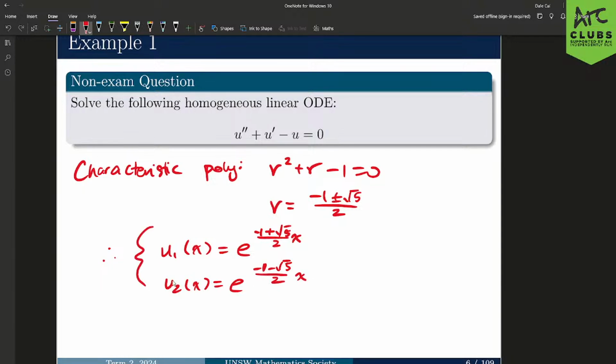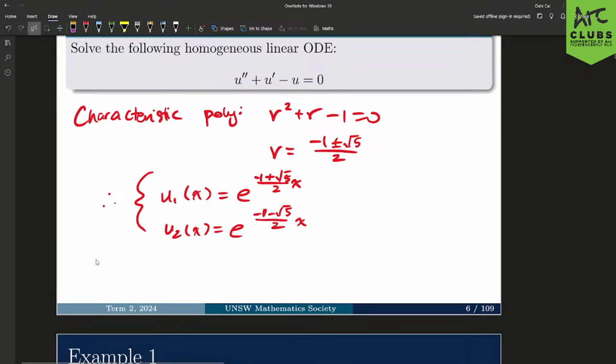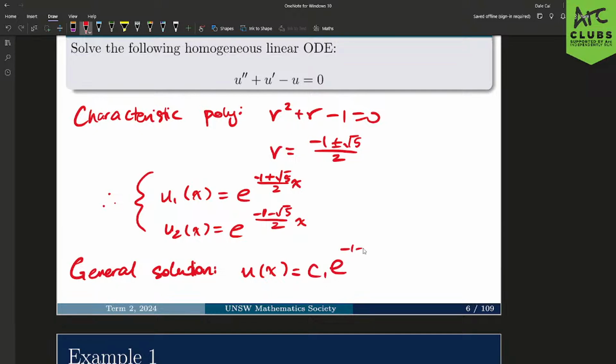These are our two solutions. In fact, we can combine these to make a general solution, because if we take a linear combination of homogeneous solutions, we get another homogeneous solution. So we get some constant times the first one plus another constant times the second one.